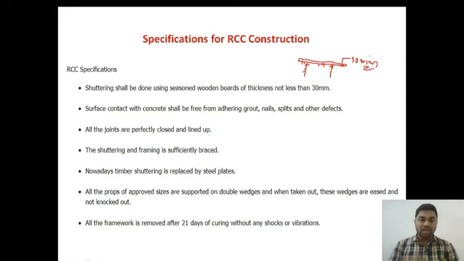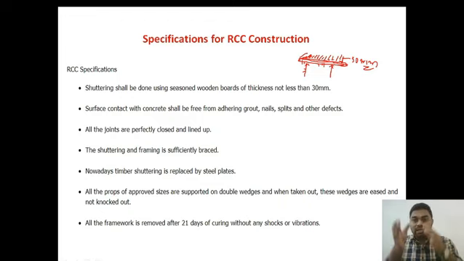The next one: surface contact with concrete shall be free from adhering grout, nails, splits and other defects. Whenever the concrete is poured on this shutter, the surface of the wooden plank should be free from already adhered grout or cement.